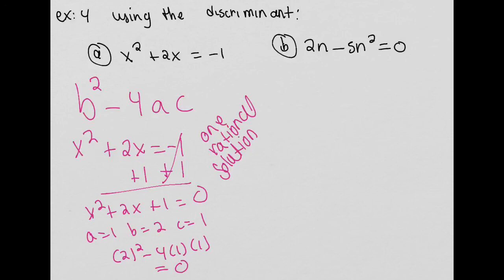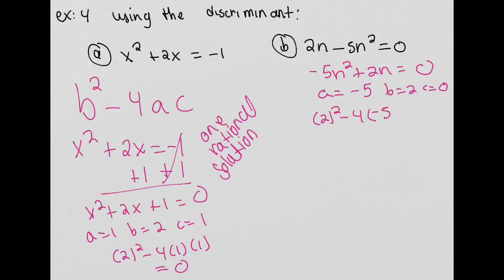Let's try the second one. So this one is not in the correct format. So let's rewrite it. Okay, equals 0. So A is negative 5, B is 2, and C is 0. So then I have 2 squared minus 4 times A, which is negative 5, times C, which is 0.